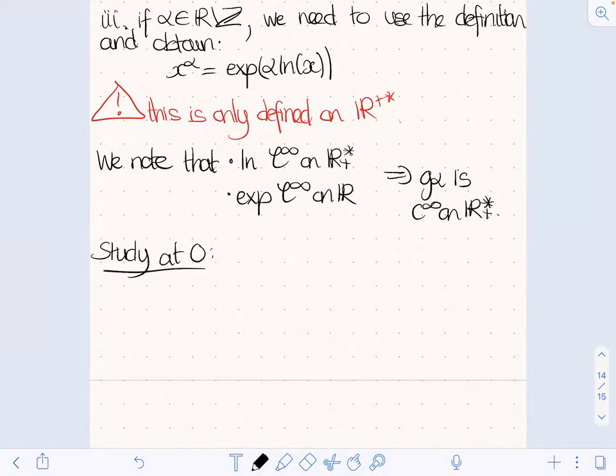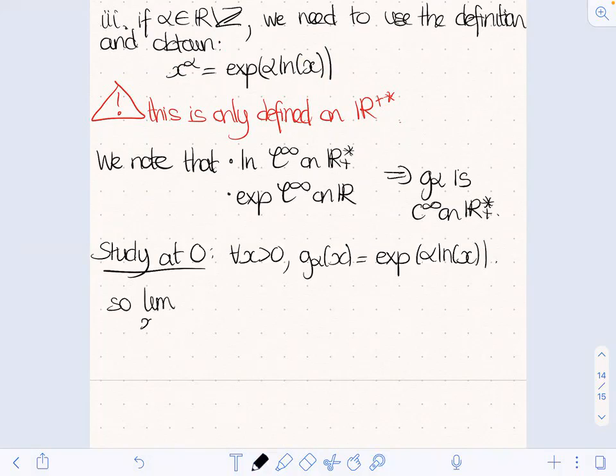So for any x greater than 0, we can say that G alpha of x is equal to exponential of alpha logarithm of x. Okay, that's using the definition that's written above here. So if we take the limit when x goes to 0 of G alpha of x, that's equal to two different values depending on the value of alpha.